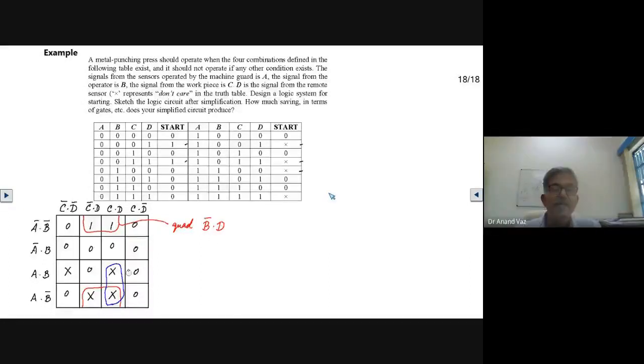So identifying this pair is actually of no use, because it's just made of don't care bits. If there was a 1 over here, then you would have to take it, because the 1 has to be reflected in the logic. But because there is a don't care element here, it's not necessary to take it. You may take it or you may drop it. But from the point of economics, from the point of simplification, it will be a loss for us if we consider it. And so we don't consider it.